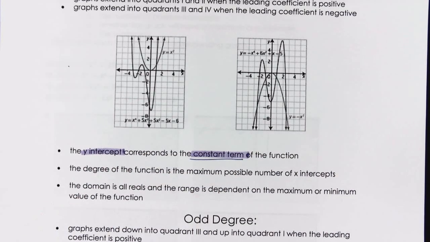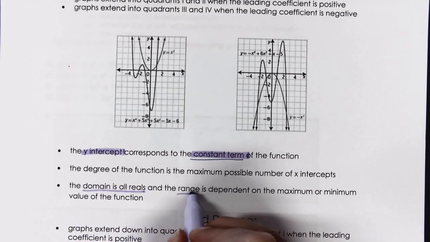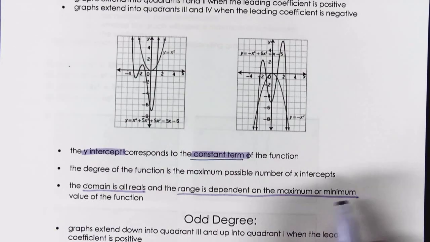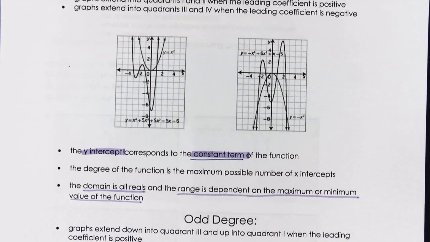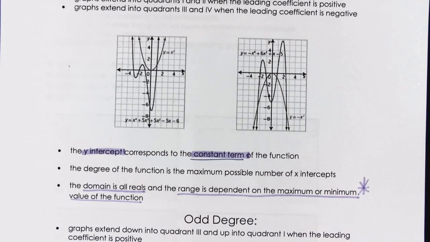That's why those are important. The degree of the function is the maximum possible number of x-intercepts. The domain is all reals. The range is dependent on the maximum or minimum value of the function. So this one has a restricted range. There's something you need to do there. So this one we're going to have to think about before we do it.